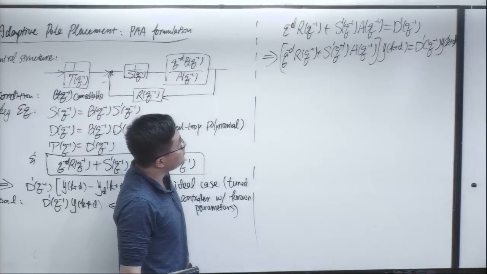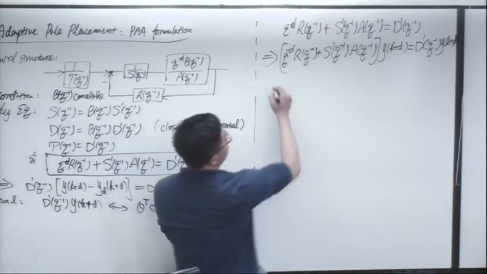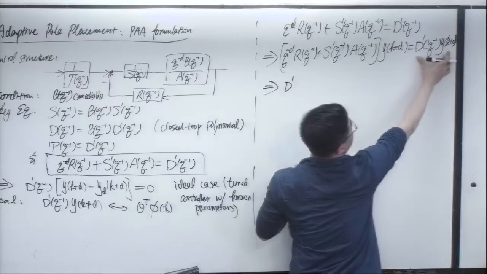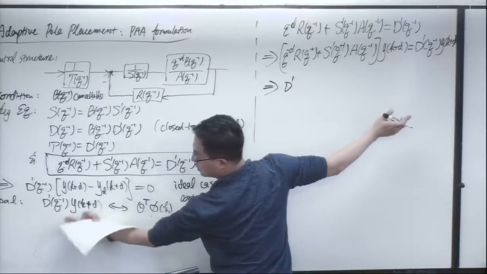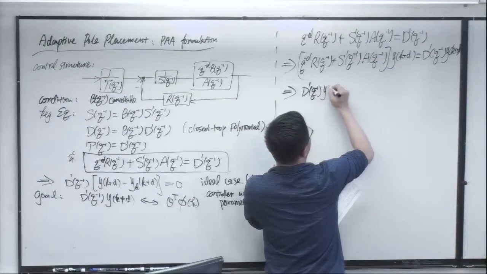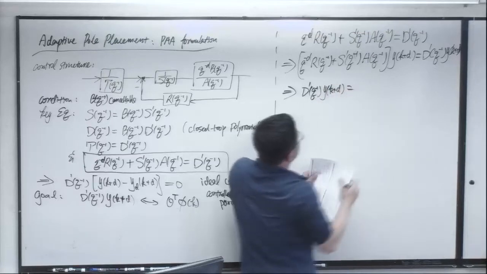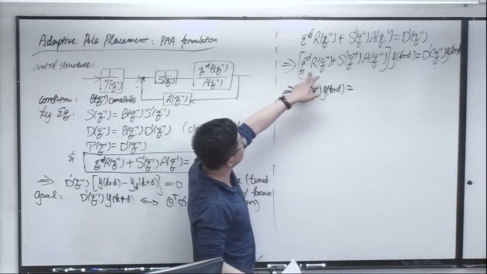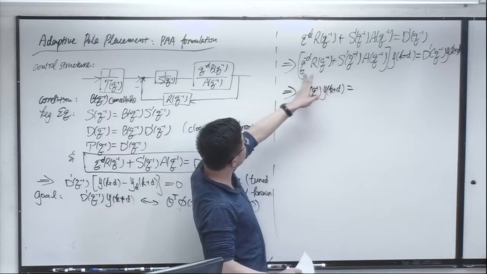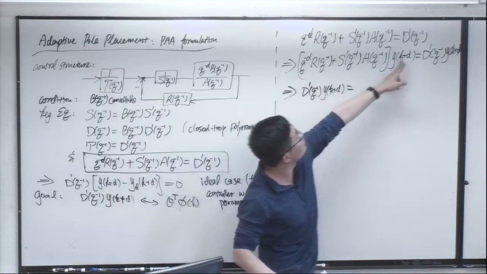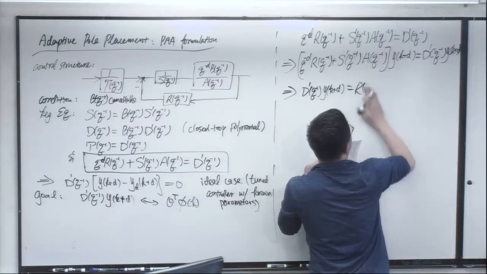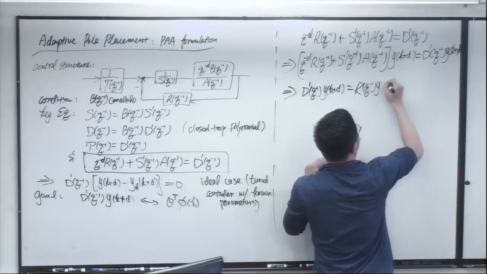This would give us D prime. This is what we want. This is what I want to work on, my goal here. So D prime Q y k plus d will equal, let's simplify things a little bit, R. And then there's a delay operator that will cancel this plus d here, becoming R y k.